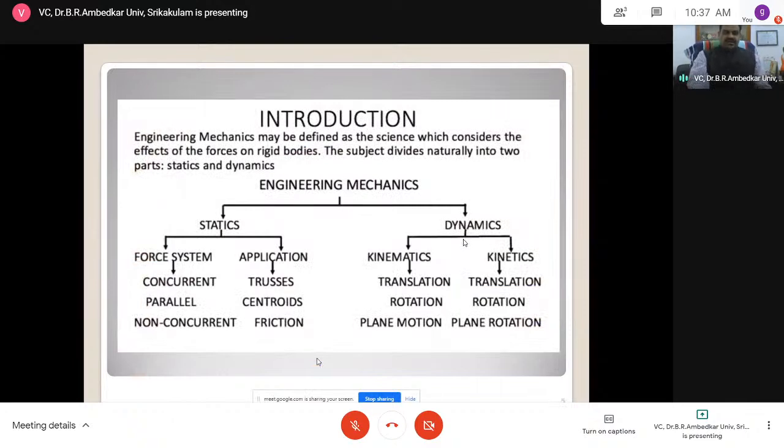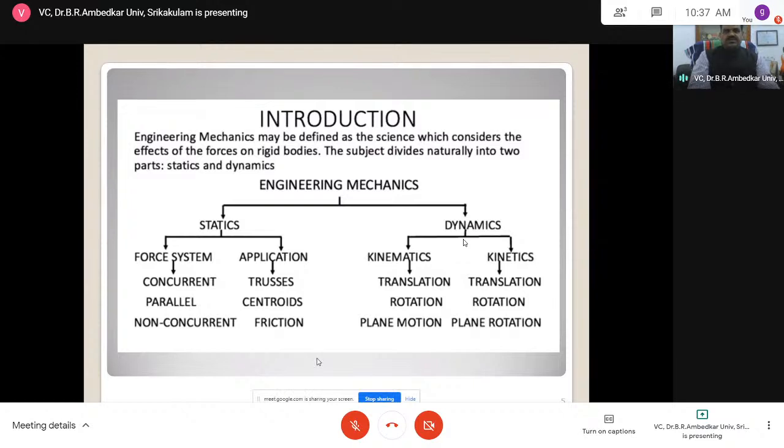This mechanics is generally classified into, we already discussed, but let me brush up your knowledge a little bit, because it is the introduction part, and if you can recollect the things, it is easy. Statics: in statics, we only consider the different types of force system, draw a free body diagram and apply it to a particular system. Force, we already discussed all classifications: concurrent, parallel, non-concurrent.